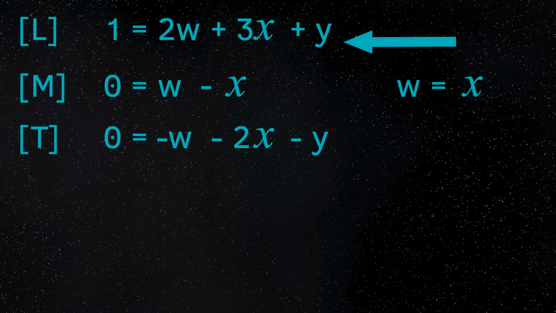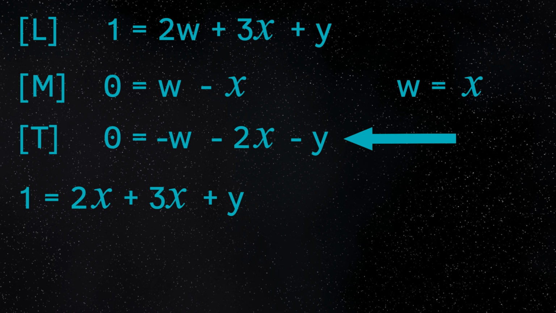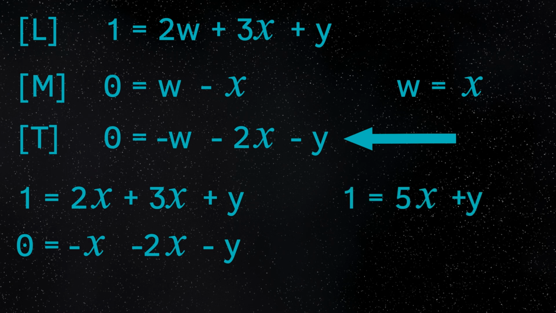This means that this equation becomes 1 equals 2x plus 3x plus y. And this other equation becomes 0 equals minus x minus 2x minus y, which gives us 1 equals 5x plus y, and 0 equals minus 3x minus y.